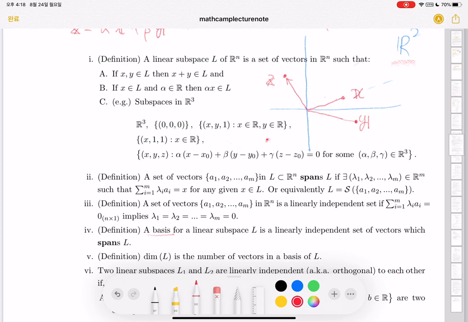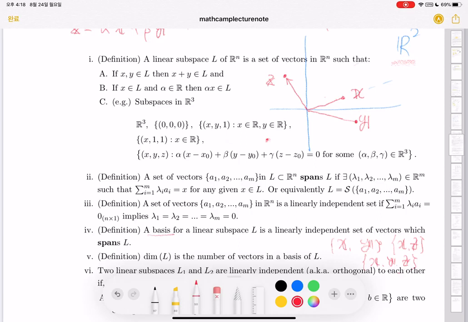So x and y is a basis, x and z is a basis, but x, y, z is not a basis because they are linearly dependent.